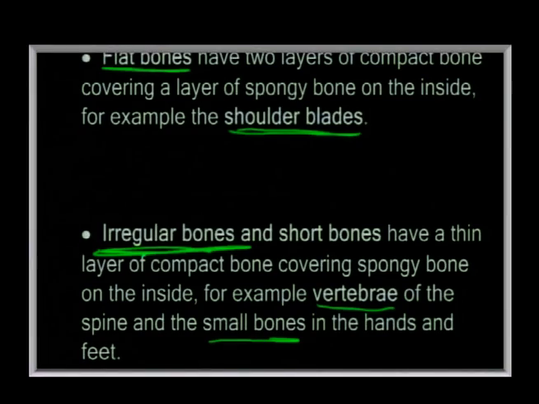These little bones here, they're all little irregular bones. All right, so three types of bones. We have the long bones, the flat bones, your scapula or your pelvic bones, and then the irregular bones. Your vertebra, they don't look very good. They're very strange, irregular shape.